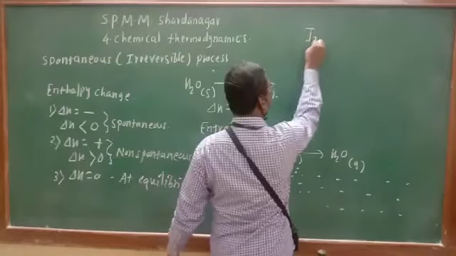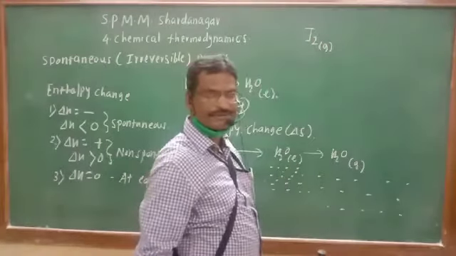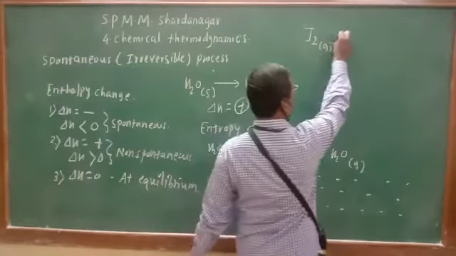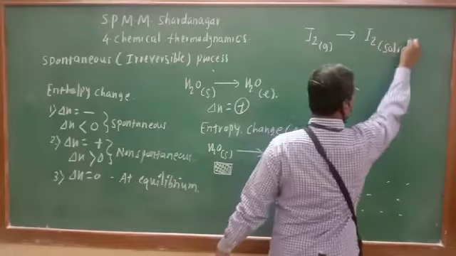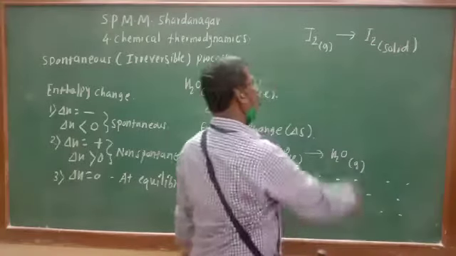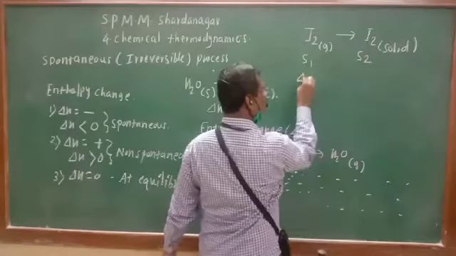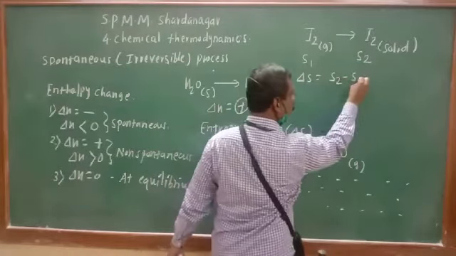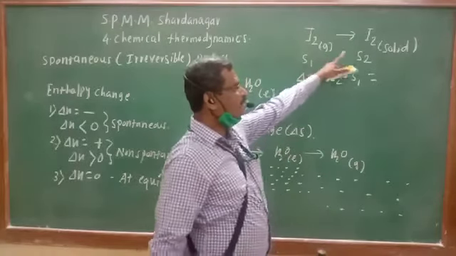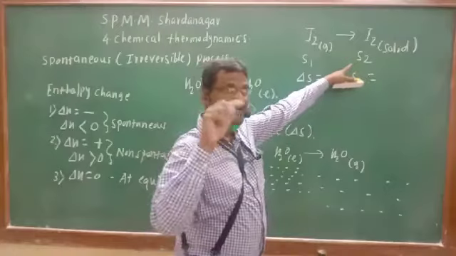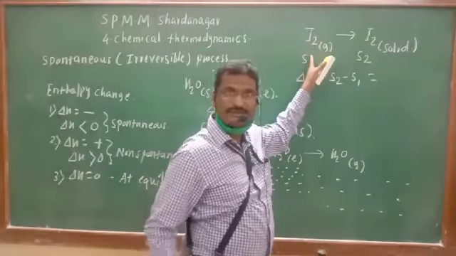Consider the case of iodine gas. Iodine gas, by sublimation, what happens? It is converted to iodine solid. Entropy of initial state S1, entropy of final state S2. What is delta S? Delta S will be S2 minus S1. Iodine gas to solid. In which case is randomness maximum, solid or gas?